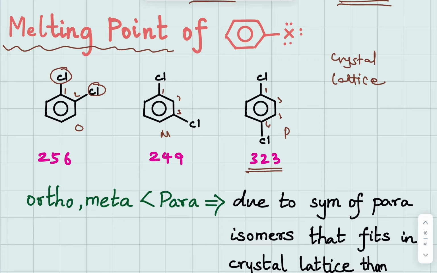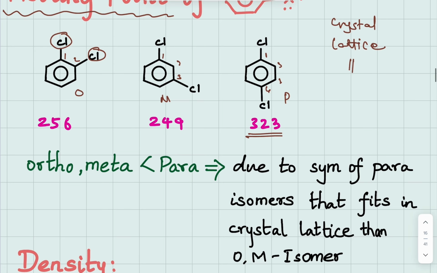If the packing efficiency is higher, the melting point will be higher. Why? Because it is a symmetrical molecule, and due to the symmetrical nature the crystal packing is more efficient. So to destroy that, we need to apply more energy.